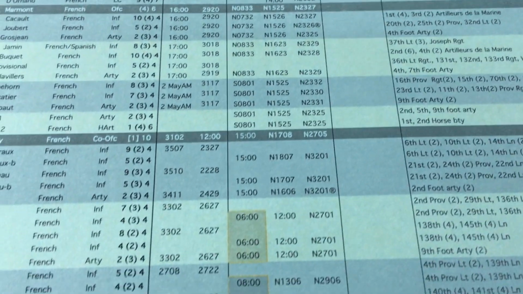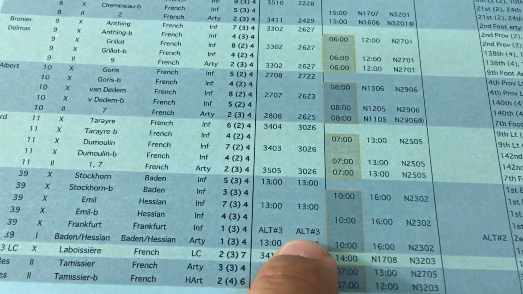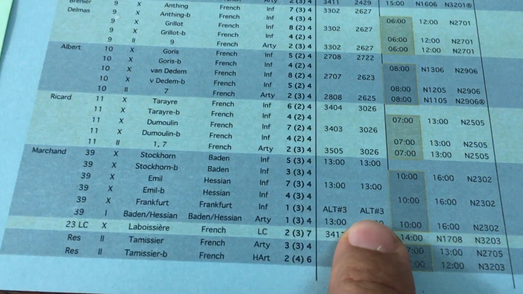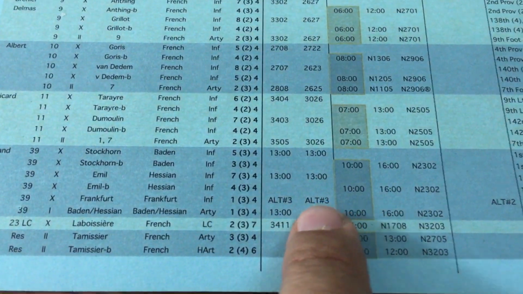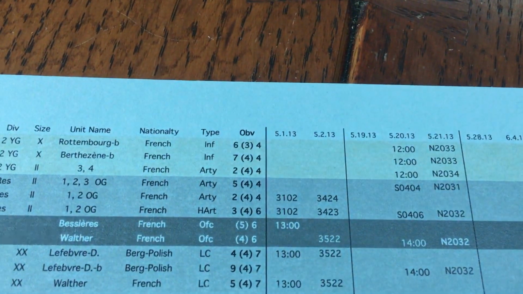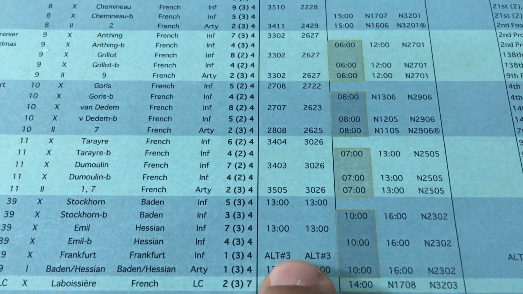There's another notation. Let's see if we can find one. Here, Alt. So, Marchand's 39th Division, the Frankfurt Brigade. For these 2 dates, for the 1st and the 2nd, that's Lutzen, they're an alternate reinforcement.